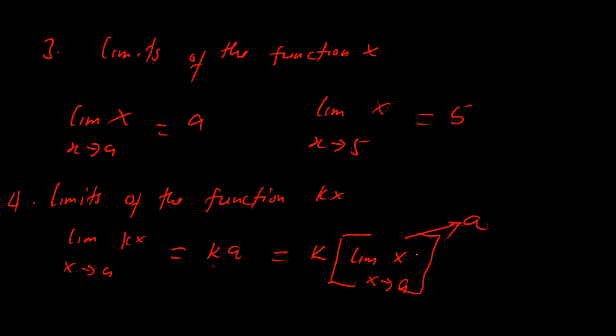So it's just going to be basically k times a, right? So we can have something like this: limit of 3x as x approaches 4. So we are going to put 4 into the function, and then we are going to have 3 times 4, which equals 12.